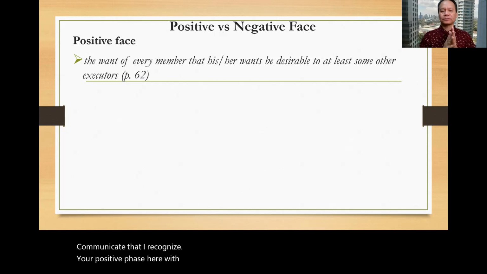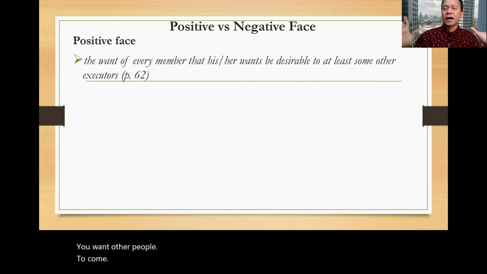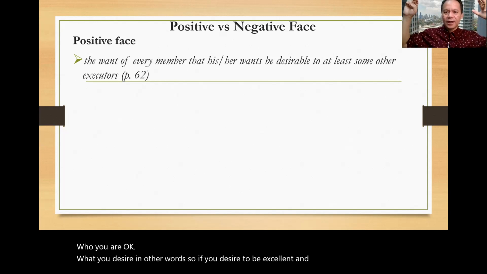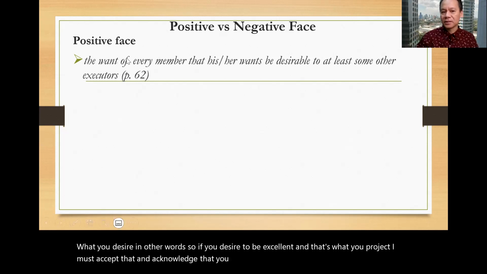Again, when we say positive face, you want other people to acknowledge, accept who you are, okay? What you desire, in other words. So if you desire to be excellent and that's what you project, I must accept that and acknowledge that. You call that positive face.